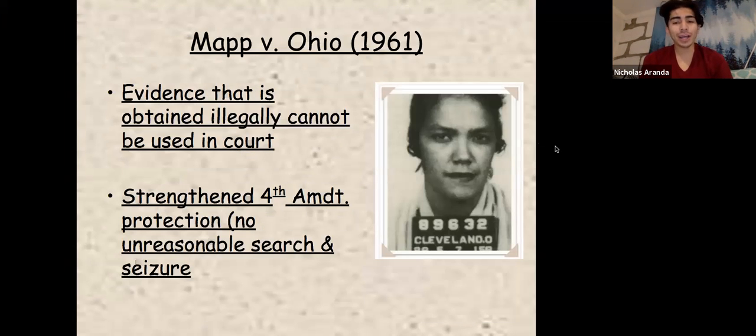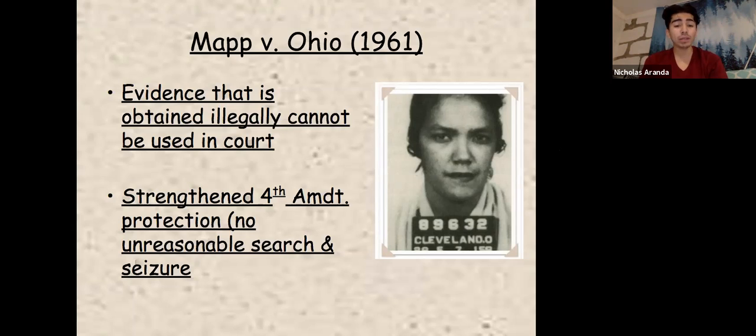Mapp versus Ohio in 1961 says that evidence that is obtained illegally cannot be used in court. So if the police break into your house without a warrant to steal a small bag of illegal paraphernalia and then use that to convict you in court, it is not legally obtained evidence, so it cannot be used to incriminate you in court because of Mapp versus Ohio.